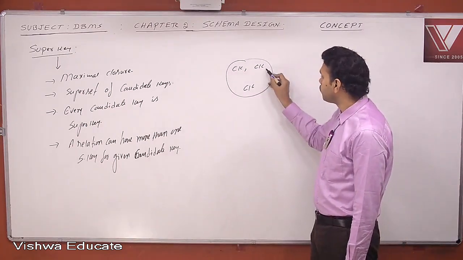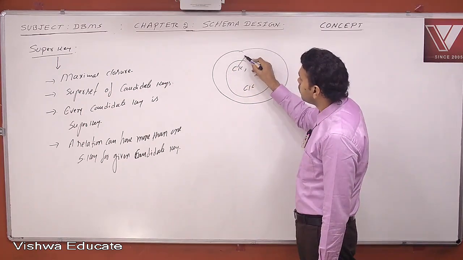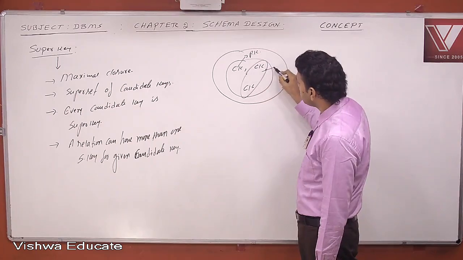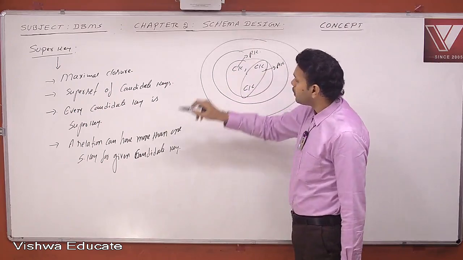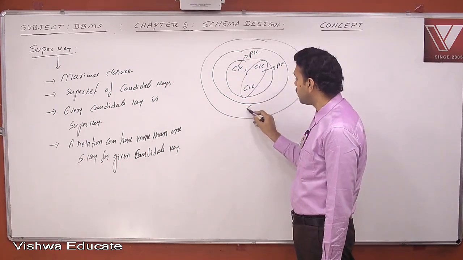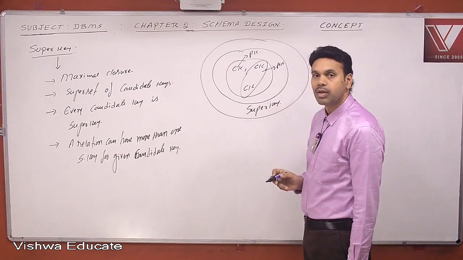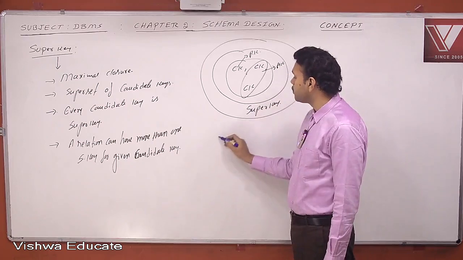So whenever you have multiple candidate keys, one candidate key must be the primary key, the other candidate keys must be alternate keys, and all the alternate keys and primary keys are subsets of what? Super key only. Now you may get a doubt, what is the meaning of alternate key?